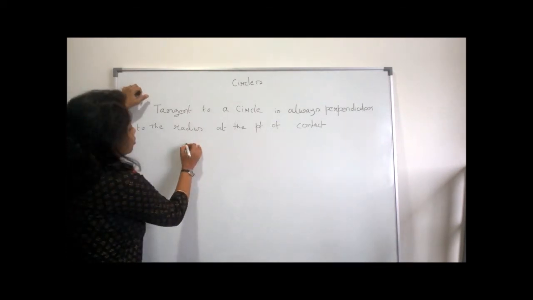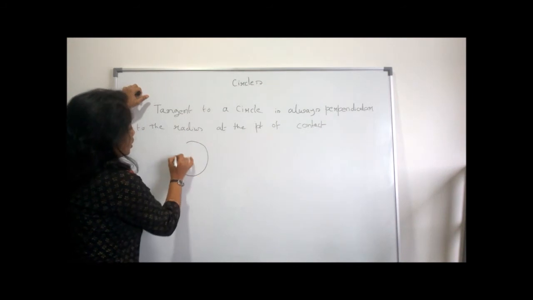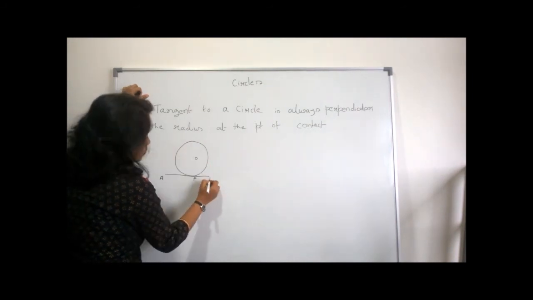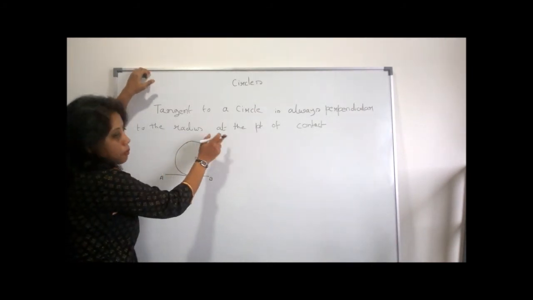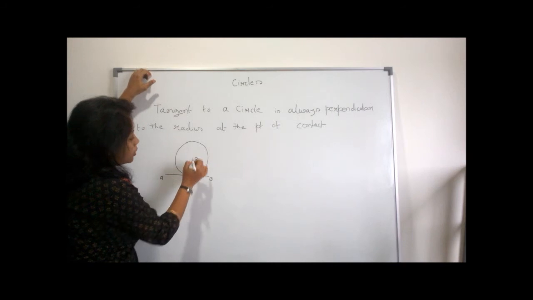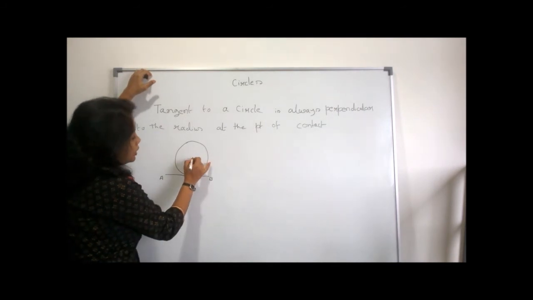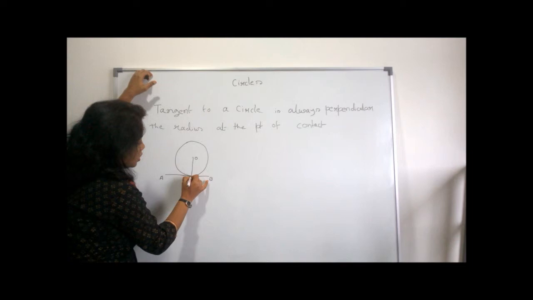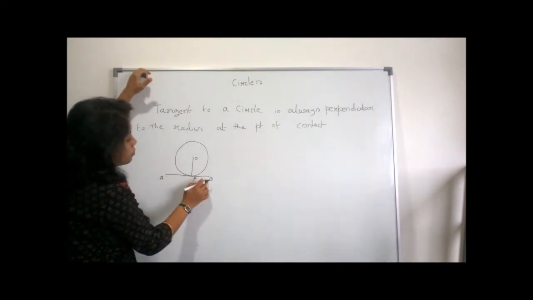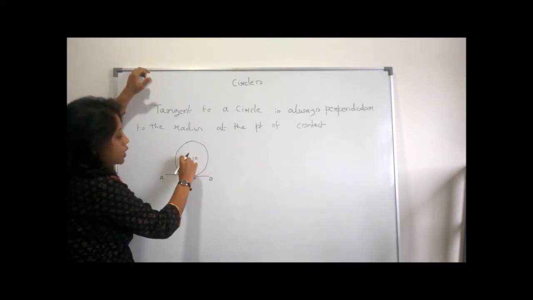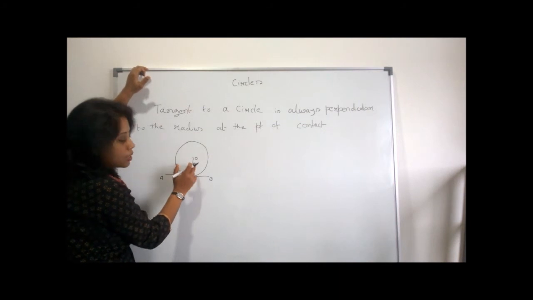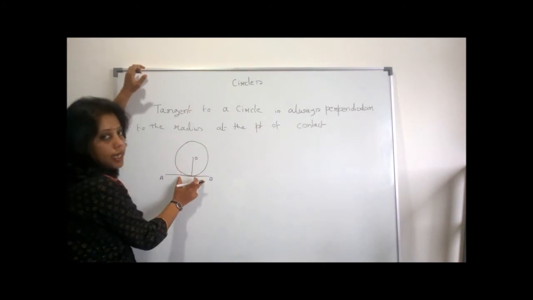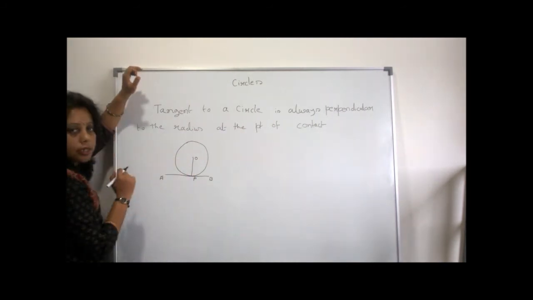That means if we draw the circle with center O, then this property tells us that at the point of contact P, the radius OP and the tangent AB are perpendicular.